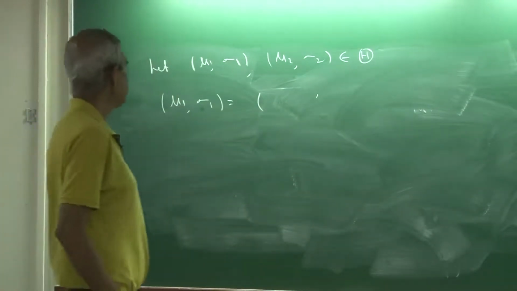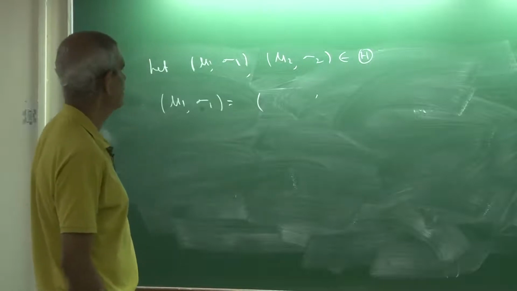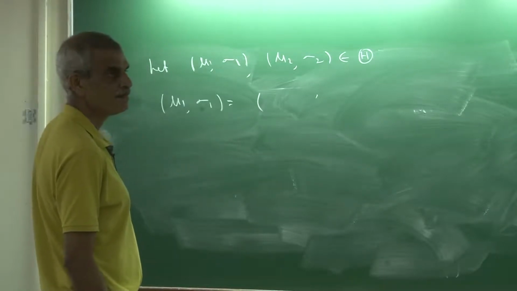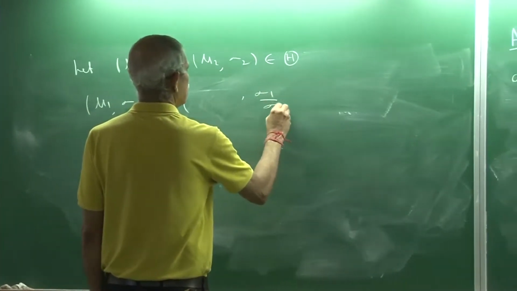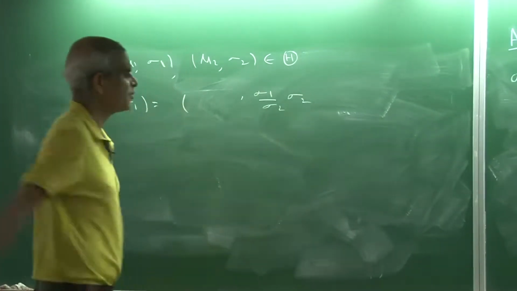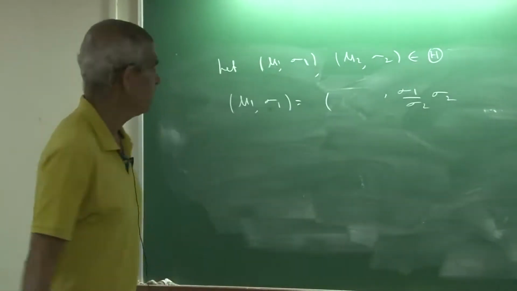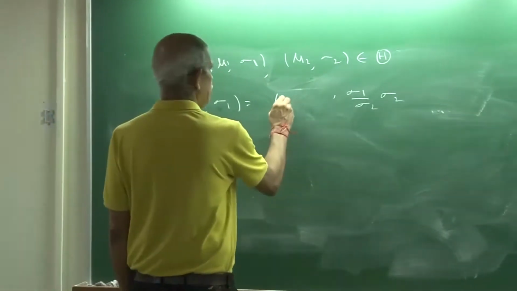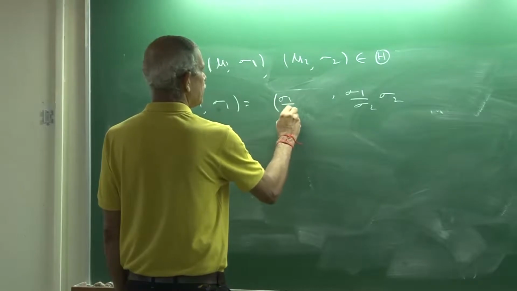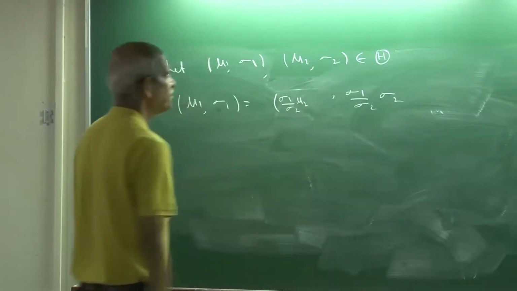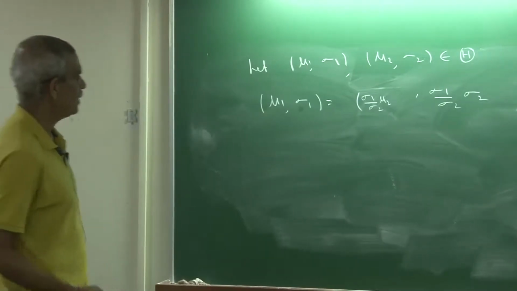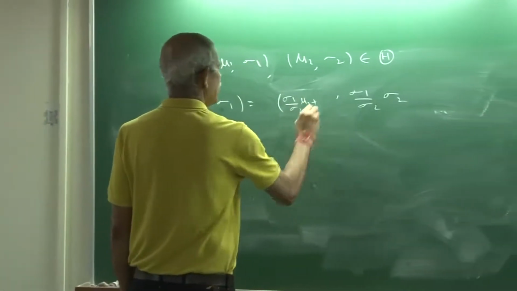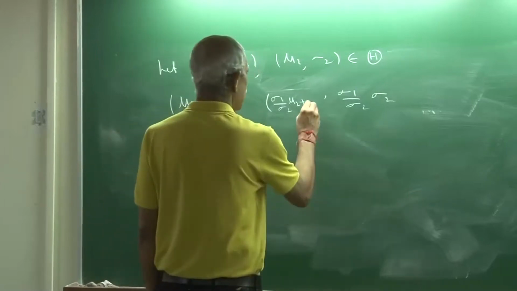So sigma 1 can be written as sigma 1 by sigma 2 into sigma 2. That means my b is sigma 1 by sigma 2. So I write this as b, that is sigma 1 by sigma 2, times mu 2, and then c can be mu 1 minus sigma 1 by sigma 2 mu 2.